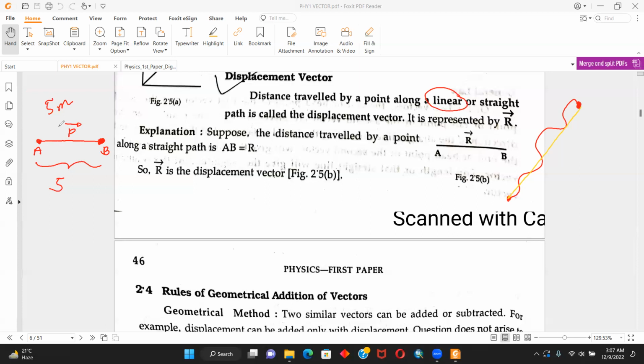So here the P vector will be our displacement vector. And the magnitude of the P vector is equal to AB, which equals 5 meters. Understand? Yes. These are pretty easy things, right? Not that difficult.